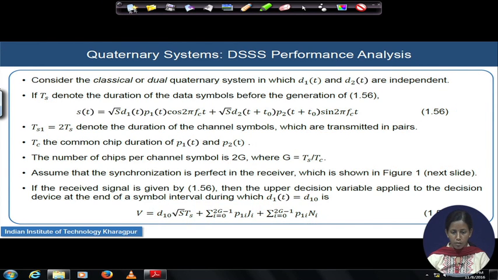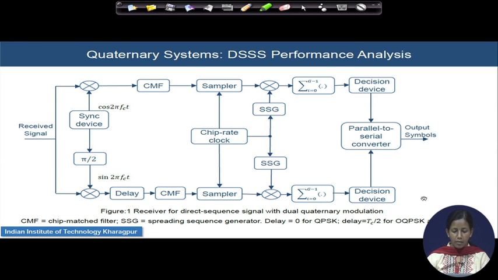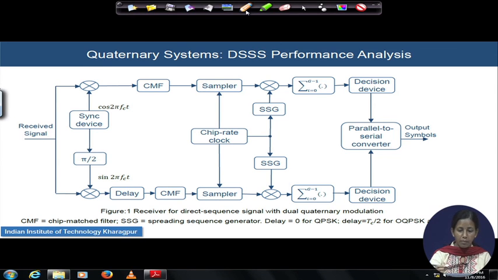Let us first look into the receiver architecture. We are familiar with the matched filter based coherent PSK receiver architecture, where single carrier transmission was going on. We have seen that the input signal to the receiver was RT, and it was then synced by the sync device.